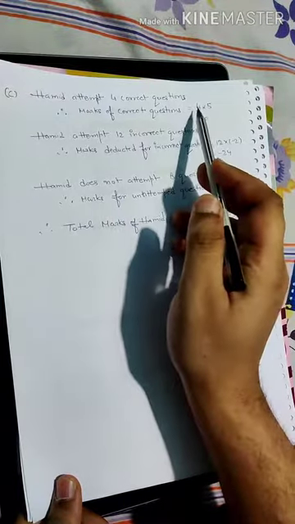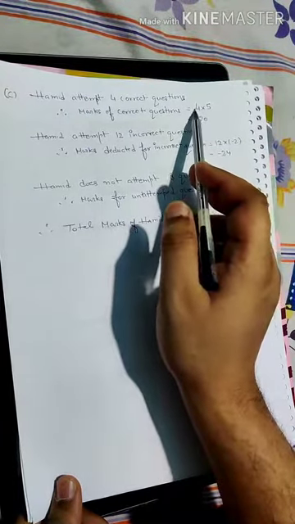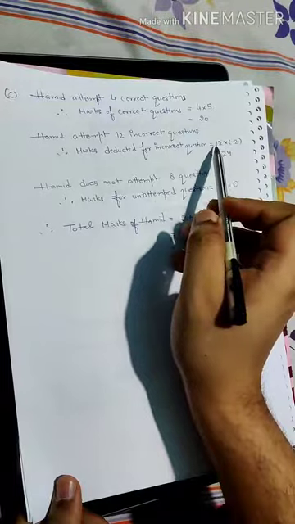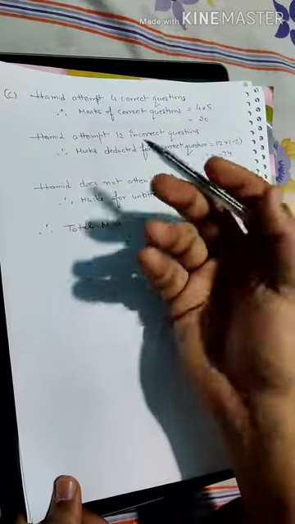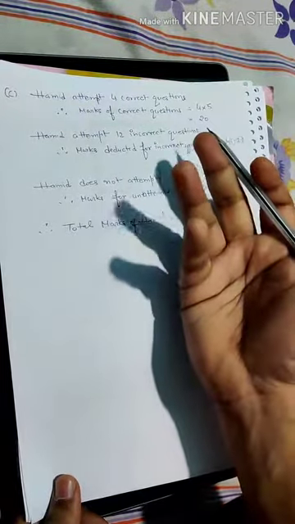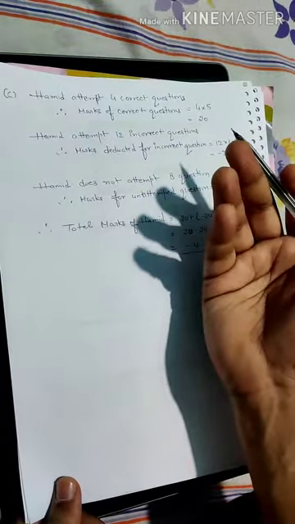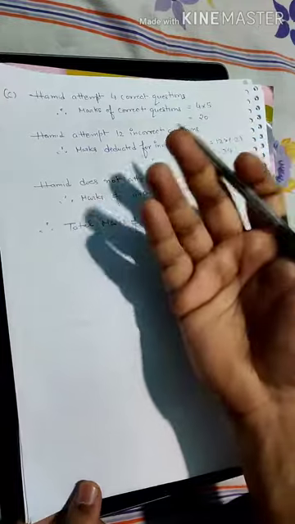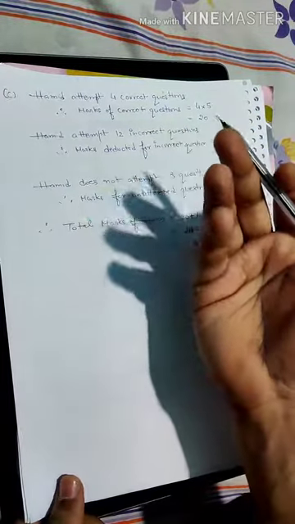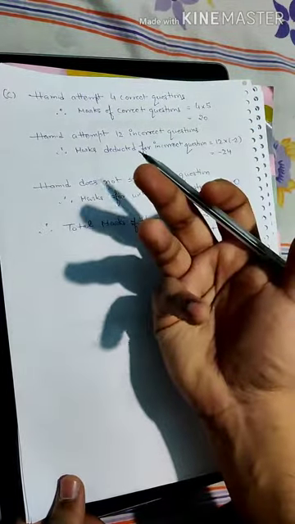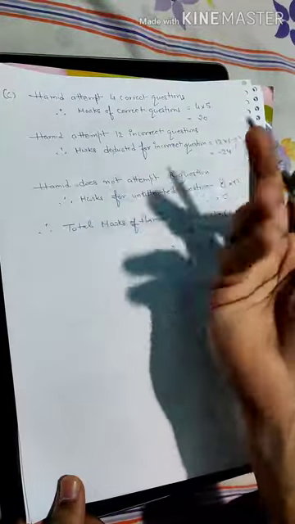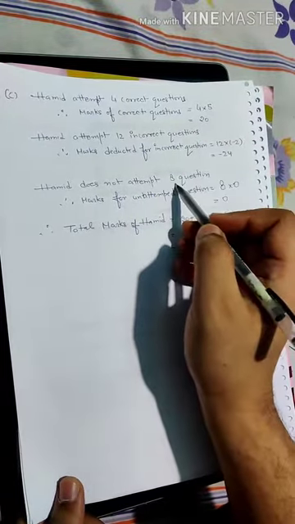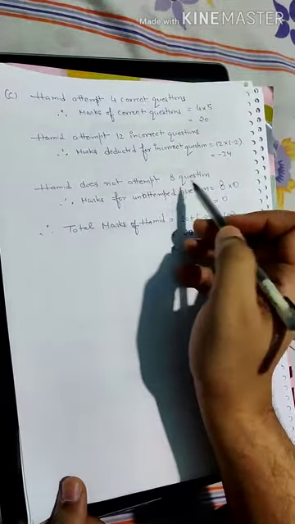So here we see 4 correct questions and 12 incorrect questions, so in total Hamid attempted only 16 questions. So how many questions are left for Hamid? 16 is deducted from the total number of questions, which is 24. 24 minus 16 is 8. So 8 questions will be unattempted.